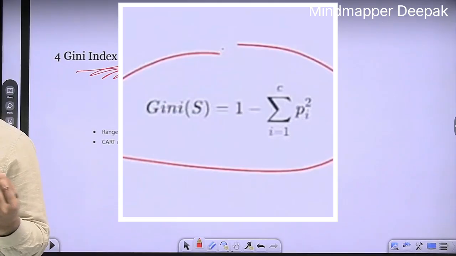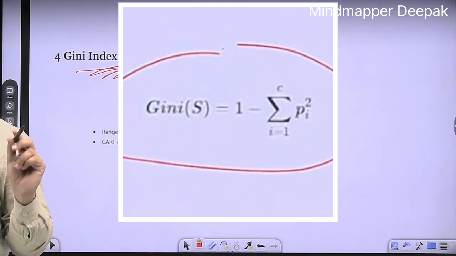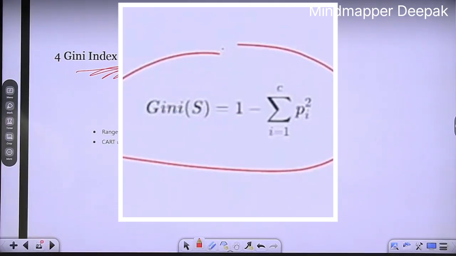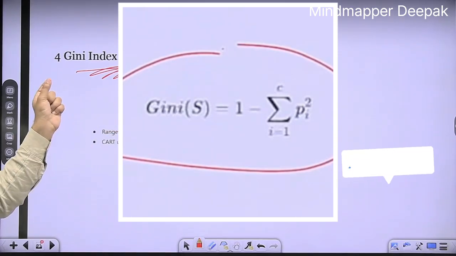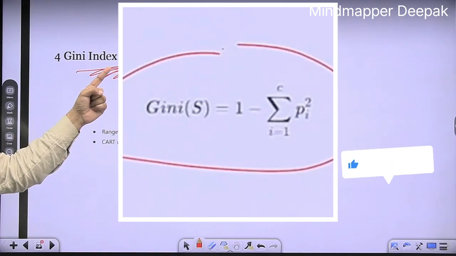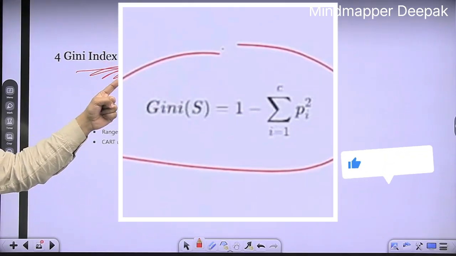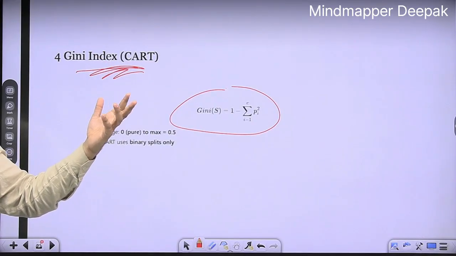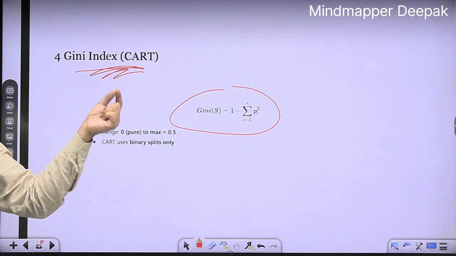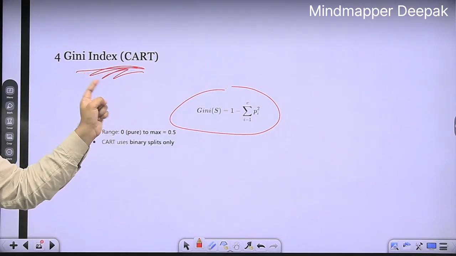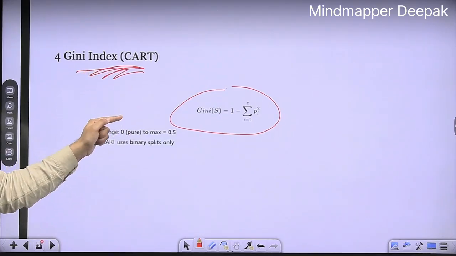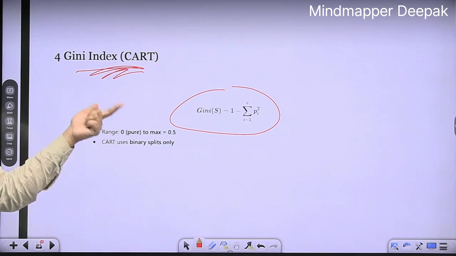Let's discuss more about the Gini index. This is the complete Gini index. I hope you understand that CART stands for classification and regression tree, which you have studied multiple times before. Here S in the Gini index is the same data set or node we are using.